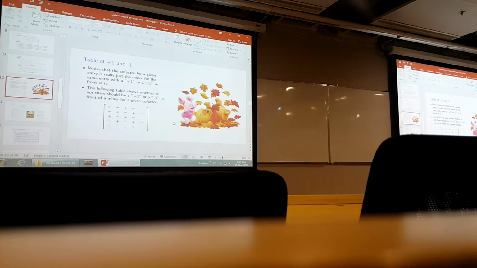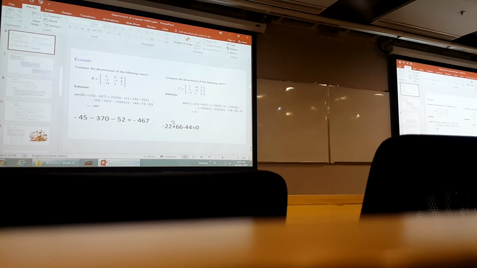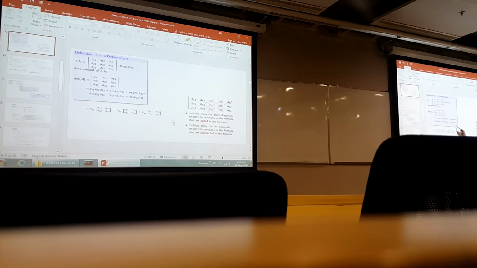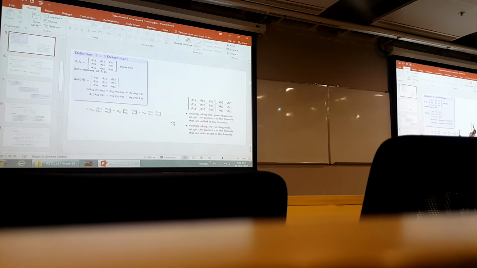We have seen the calculation of the determinant of a matrix by using this definition. Now, in fact, this calculated result can be determined by a calculation very similar to this one, but you can choose any single row or any single column.